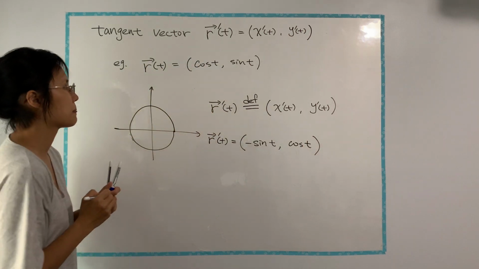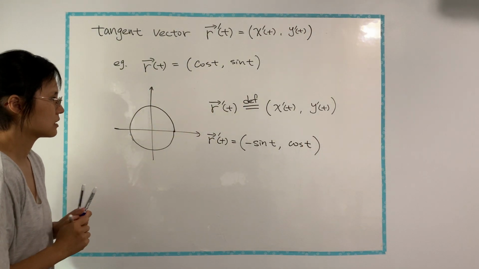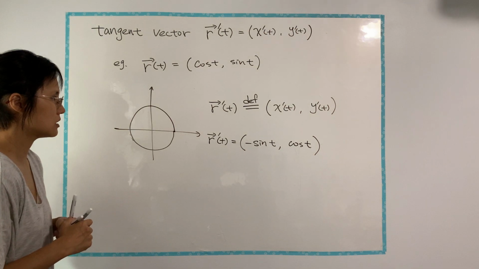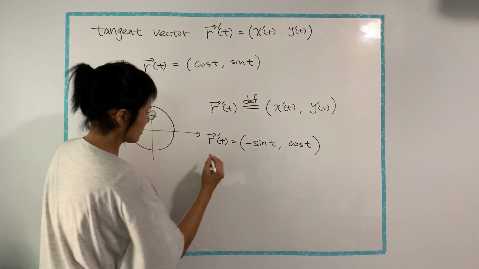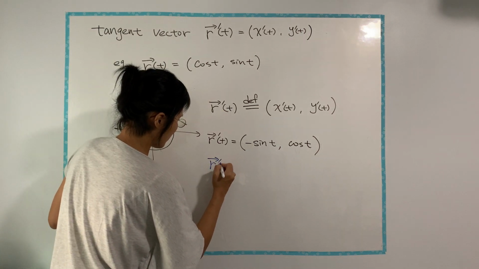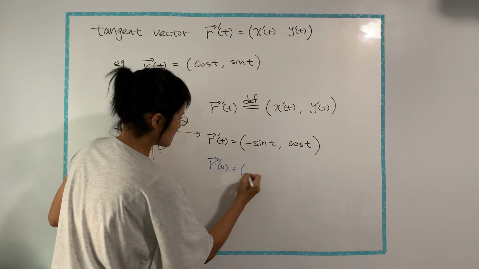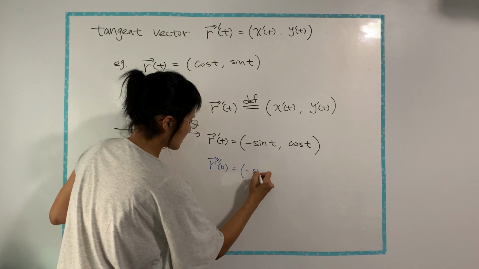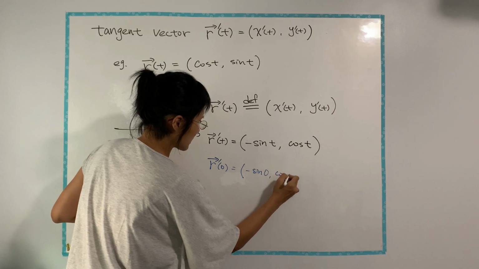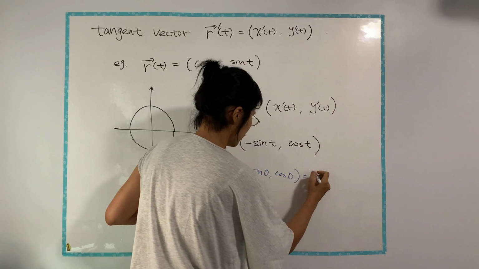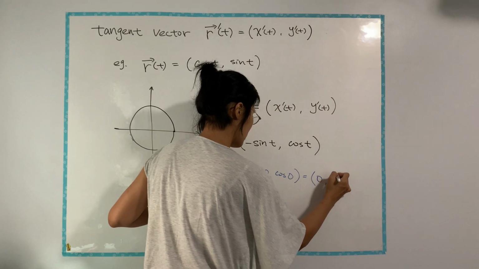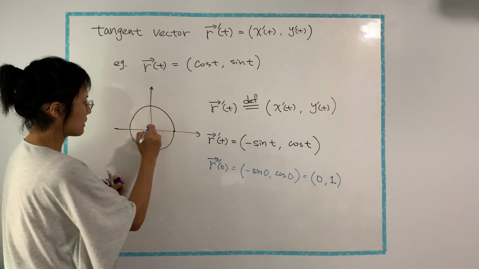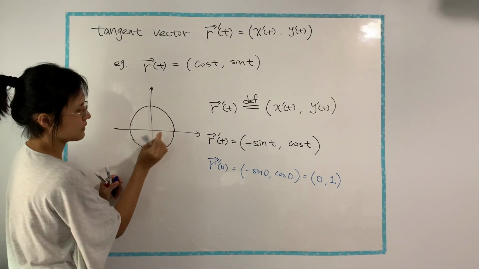Right? Okay. So here, what do I know? I know that, for example, at 0, r prime of 0 is minus sine 0, cosine 0. Sine of 0 equals 0, cosine of 0 equals 1. So this is a 0, 1 vector.